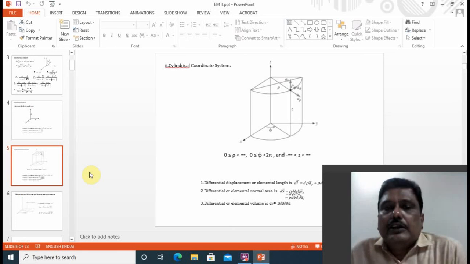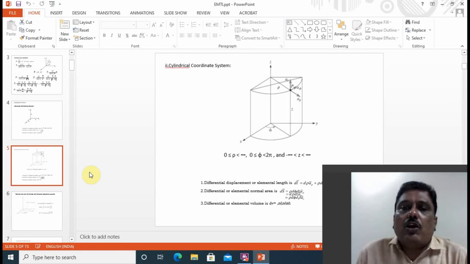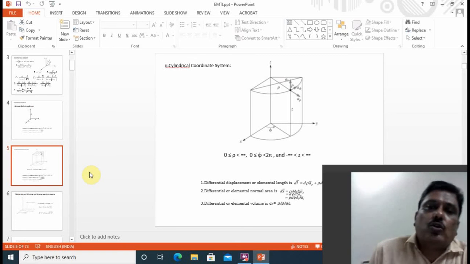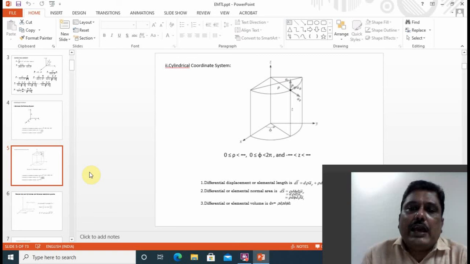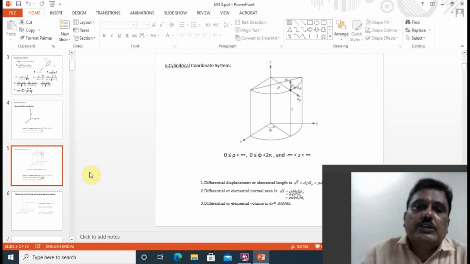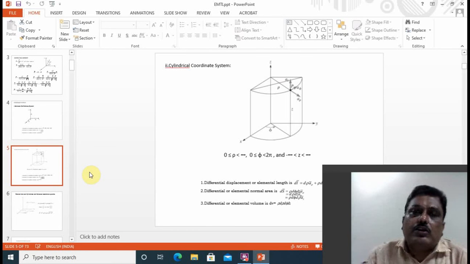And the differential normal area, let us say the differential normal area on the plane of rho and phi axis. The differential normal area on the rho phi plane is always perpendicular to the z axis. So its normal area is the elemental length along the rho axis into the elemental length along the phi axis.